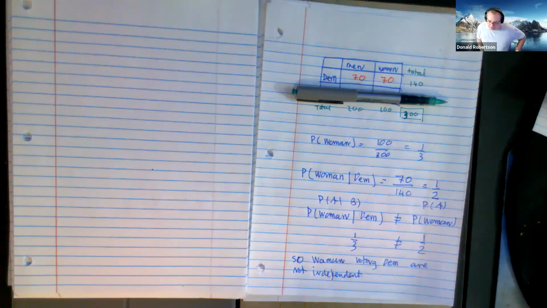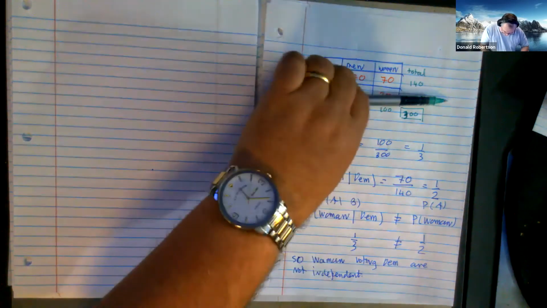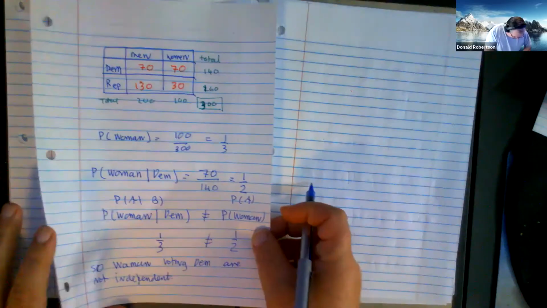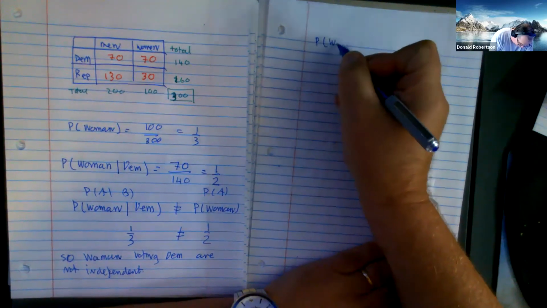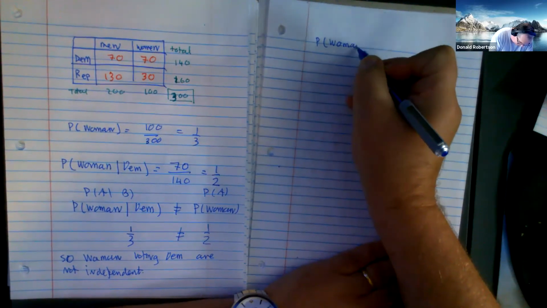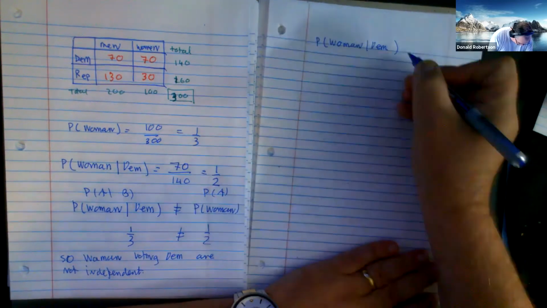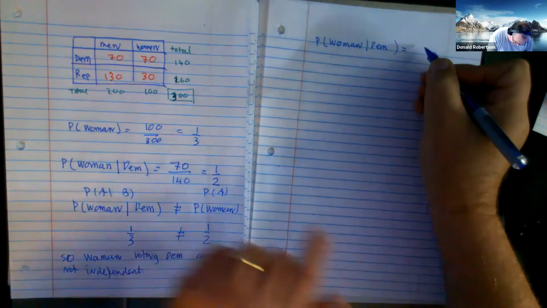In this case, let's take both situations for the women. I've already found the probability that you chose a woman given that they vote Democrat, right? And the answer for that ended up being 1/3.